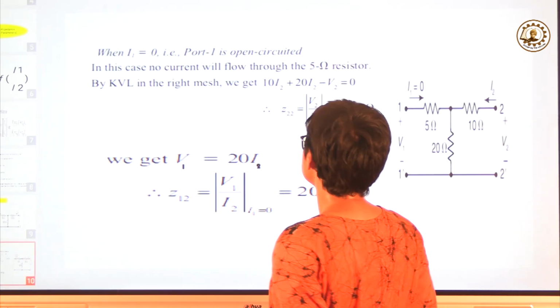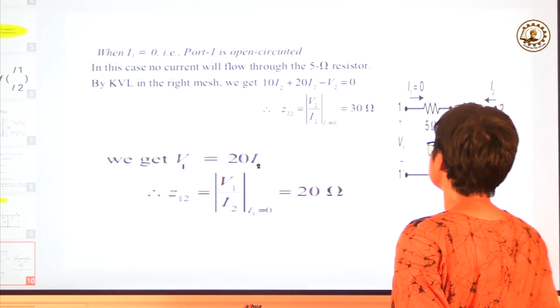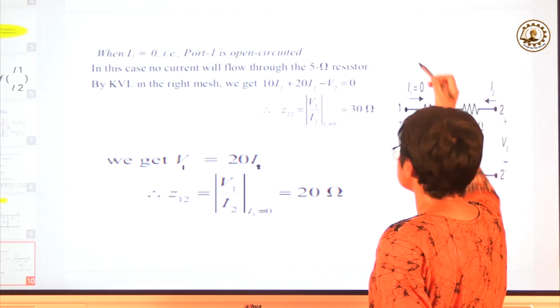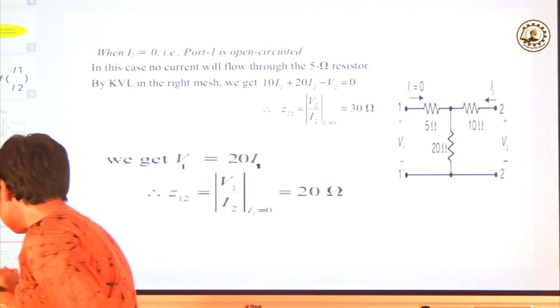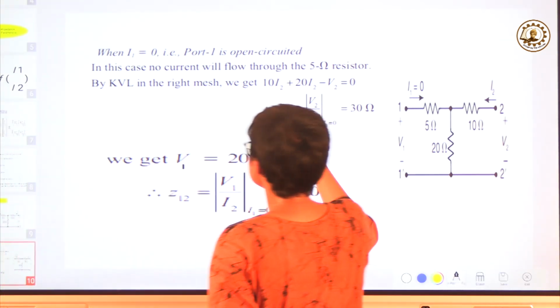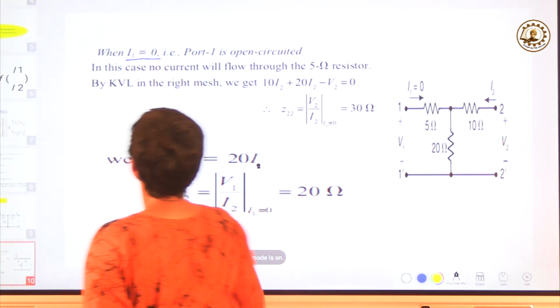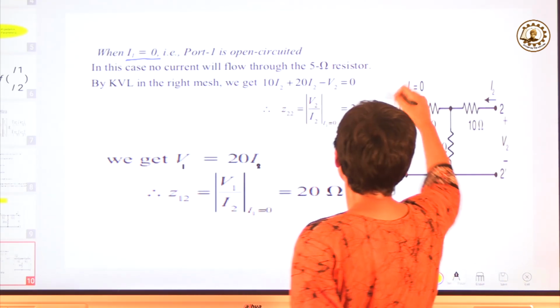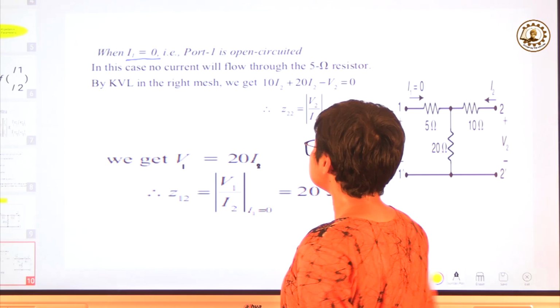First we will make port 1 open circuit. Port 1 open circuit means we will have to make I1 equals to 0.